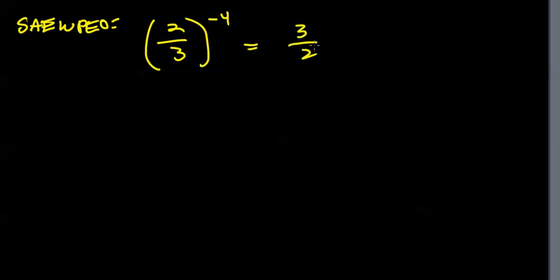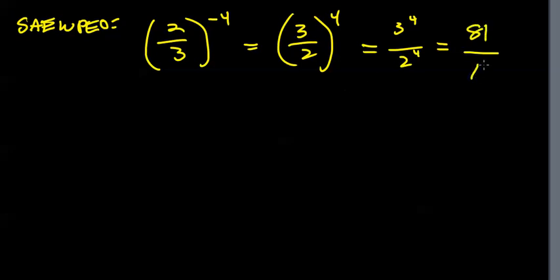As we've seen, that's equivalent to 3 halves to the 4th power. Invert your fractional base and change your exponent sign. And now I can just distribute my exponent over my quotient, as covered in part 1. 3 to the 4th power is 81, and 2 to the 4th power downstairs is 16, so 81/16.